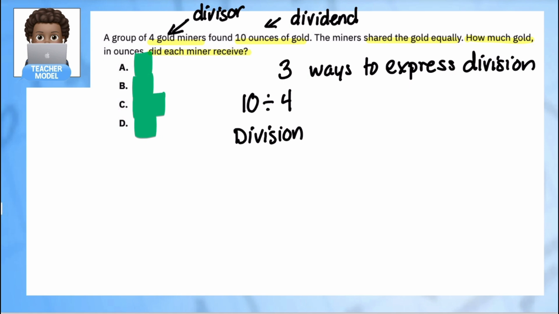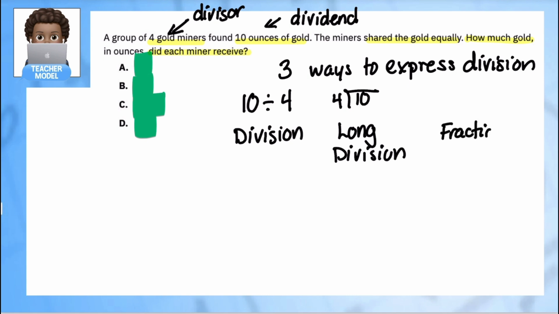That's one way. We could also look at this in terms of long division. And in long division, we would have the 10 inside the house and the 4 on the outside. Or we can also express this as a fraction where the 10 is being divided by 4. Any of those 3 ways work.